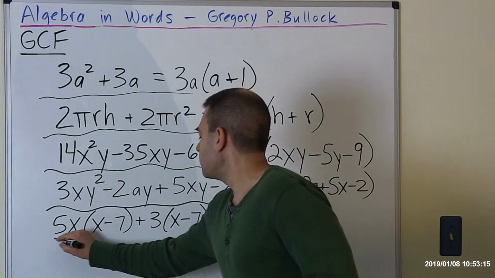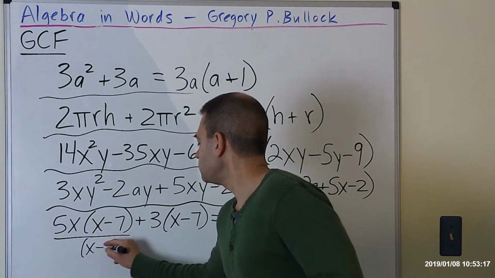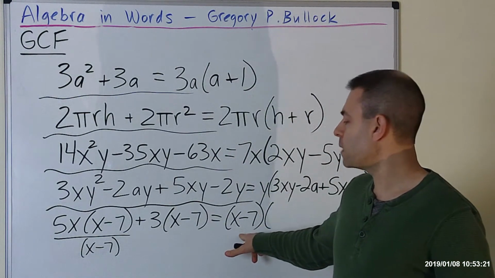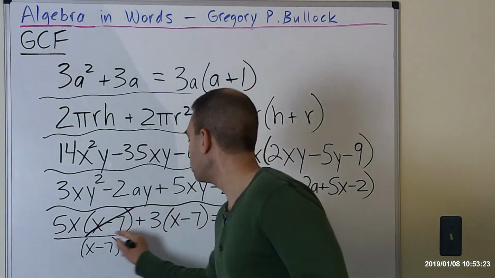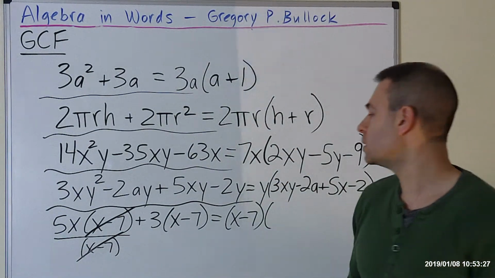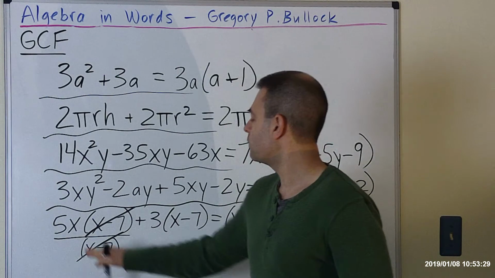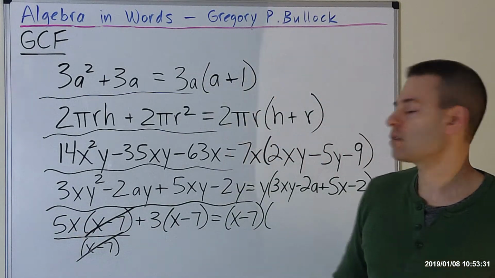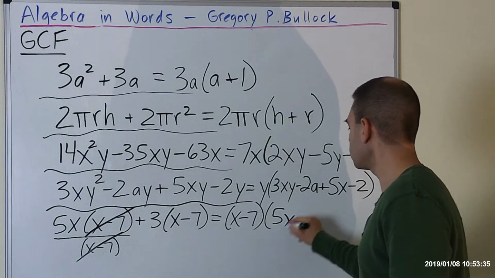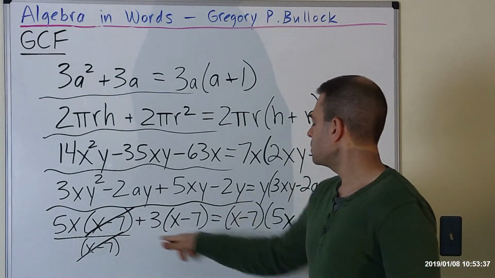So if we think of dividing this by what we determined as our greatest common factor, the group x minus 7, this whole group cancels itself out to 1 because it's itself over itself. That leaves you with 5x, and 5x goes in the parentheses first. That brings us to this term.